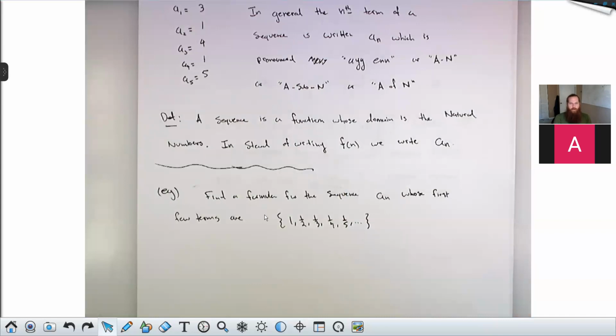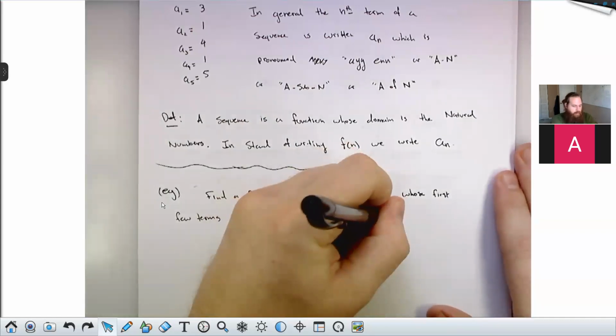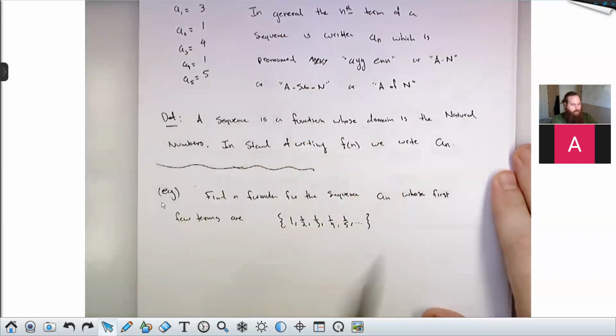Does anybody see a pattern here? What would the next term of the sequence be? And after that would be 1/7, and after that would be 1/8. Zach, there's actually more than one way to write this. So what I really should say is I should also specify the starting value of n.